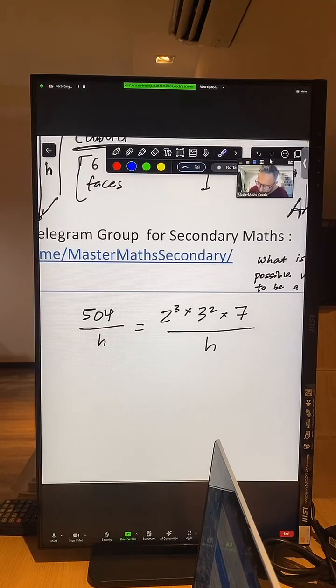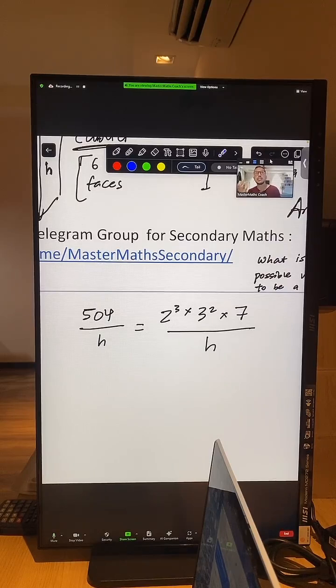Now you know that 504 over h needs to give you the area of the cuboid, and the area of the cuboid is a square. So it being the area of a square, and it being made up of cubes which are all 1 centimeter in dimension, therefore it has to be a perfect square.